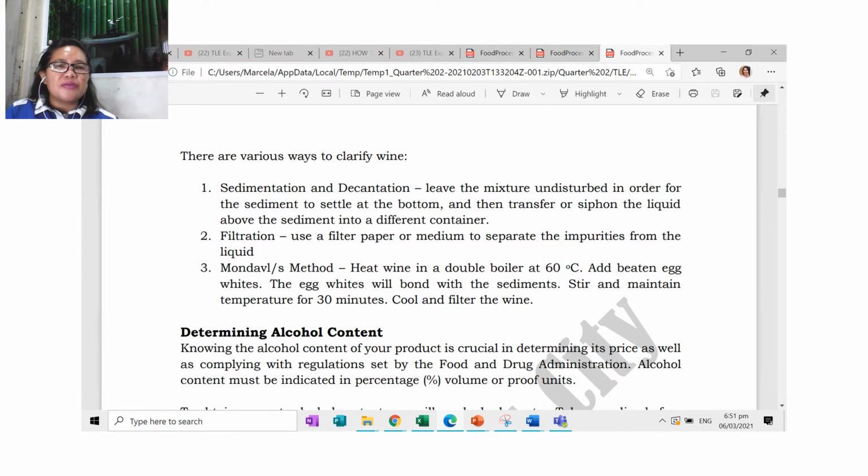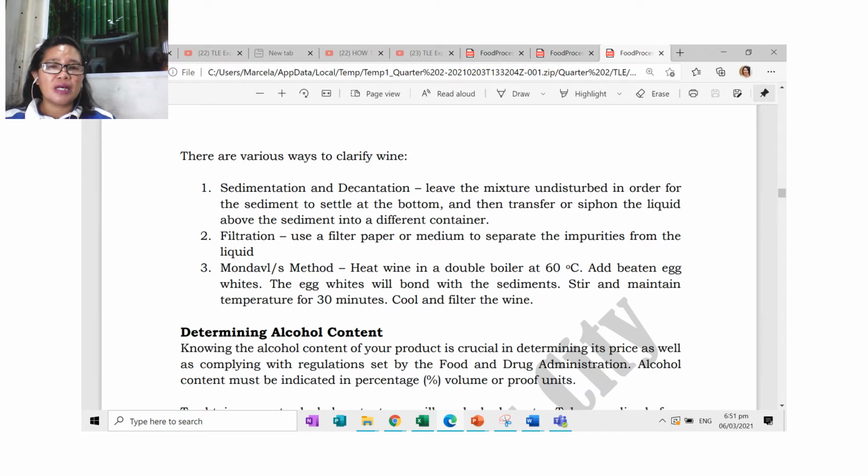Next, there are three various ways to clarify the wine. Number 1 is sedimentation and decantation. Leave the mixture undisturbed in order for the sediment to settle at the bottom. Ang mga sediments sa ubos, no?